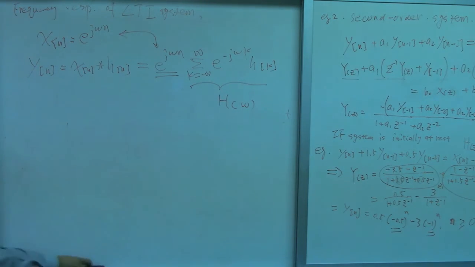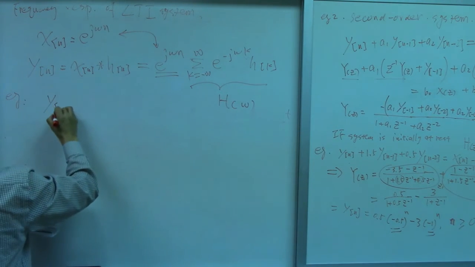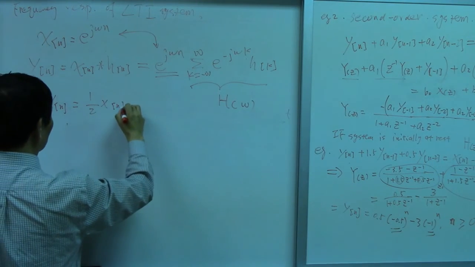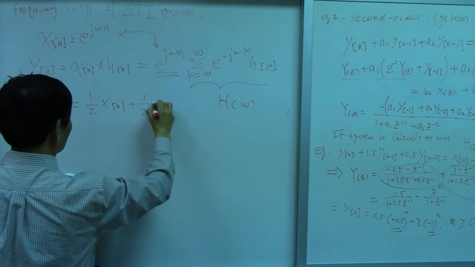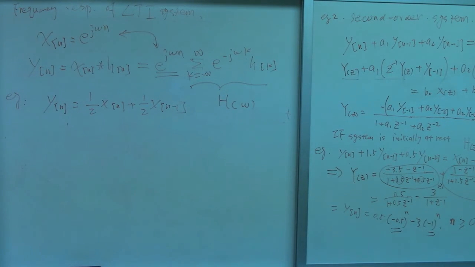Okay, so now I'll give you an example. Suppose the system is an LTI system, y[n] equals half x[n] plus half x[n minus 1]. What is this system?